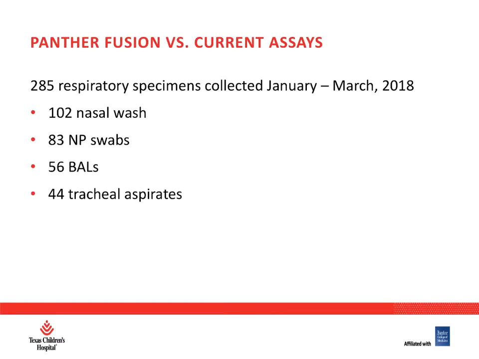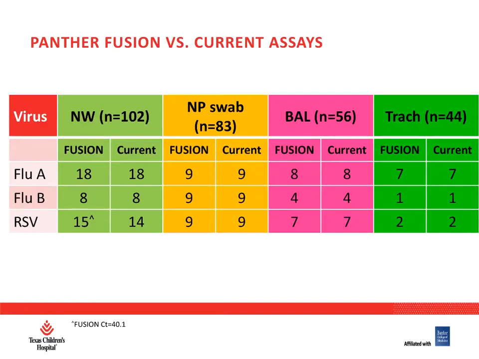We wanted to look at a variety of sample types because, with our large immune-compromised patient population, we get various other sample types that it's important for us to be able to assess, BALs and trach aspirates in particular. Those are not on label, but important for us to be able to validate.